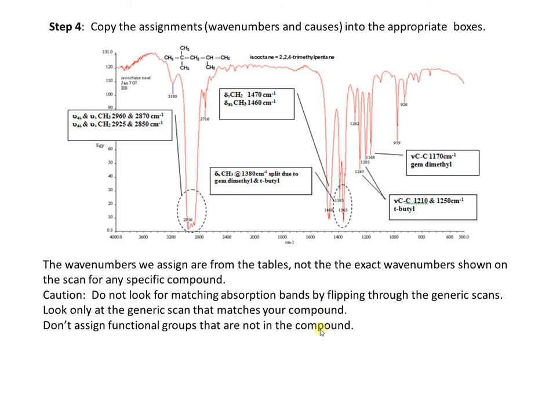For instance, an NH group and an OH group might be similar, but it's either one or the other. It can't be both. So the way to do it is to go to the scan that corresponds to the compound that you know you have and assign it.